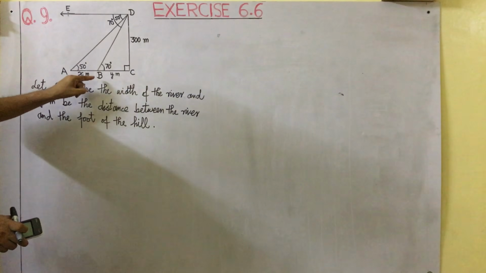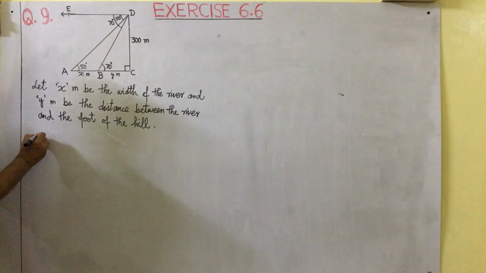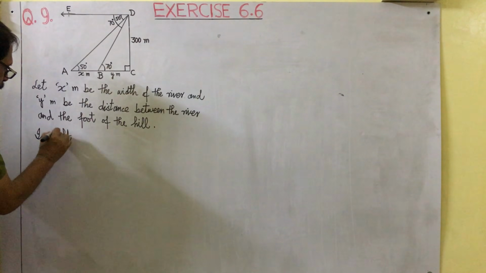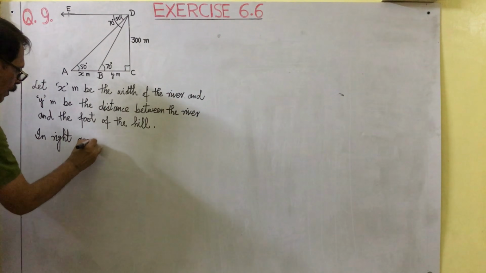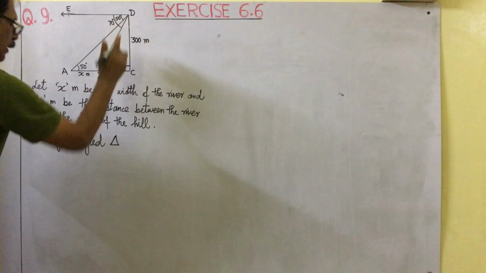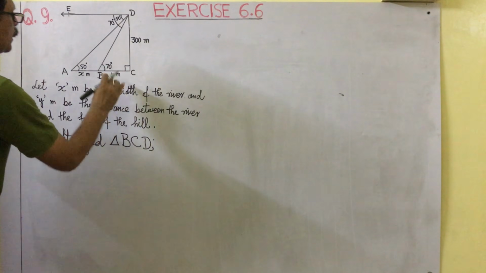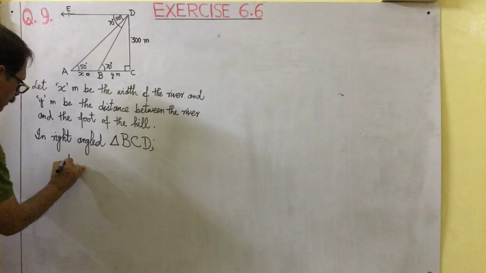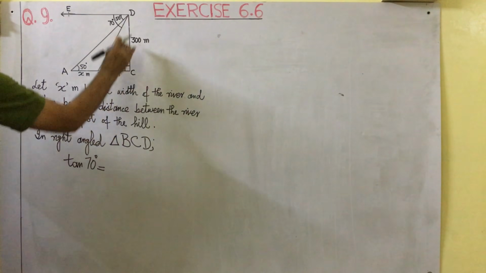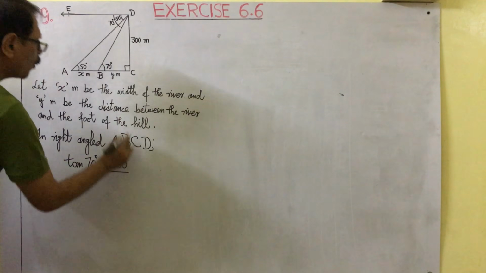In right angled triangle BCD, tangent of 70 degrees is equal to perpendicular over base.